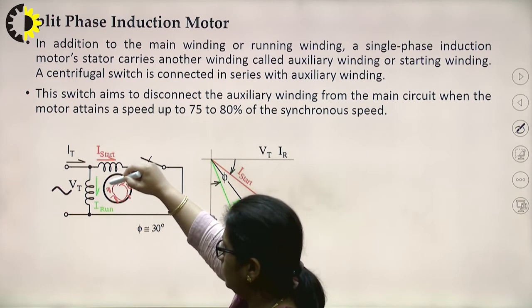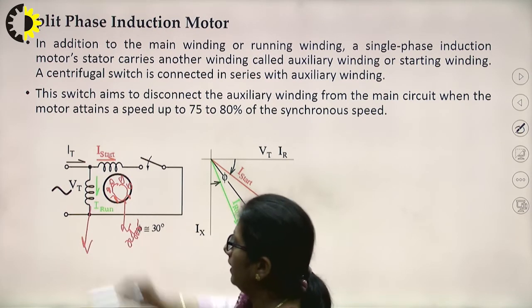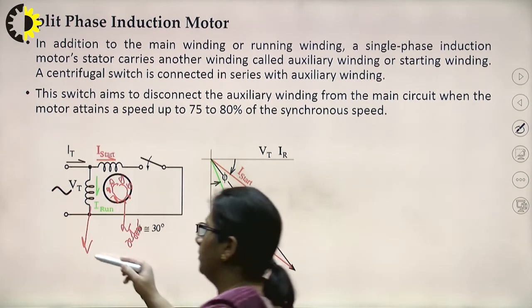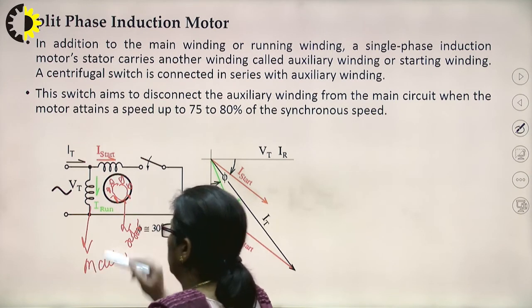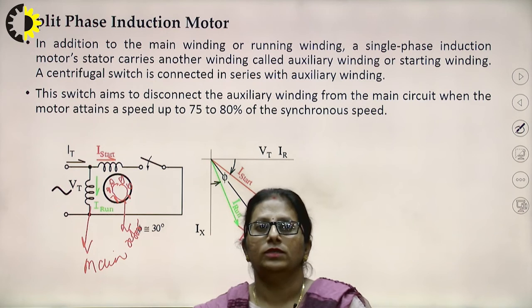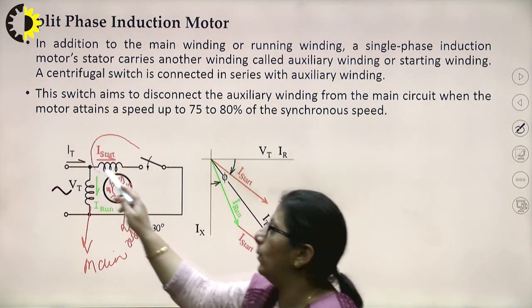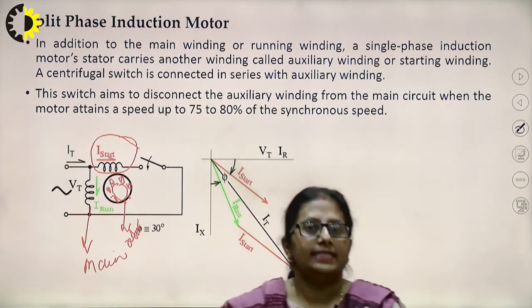So, this is the rotor and this is the main winding, right? This is the main field winding of the induction motor. With this main winding or the running winding, a single phase induction motor stator carries another winding which is called the auxiliary winding or starting winding.